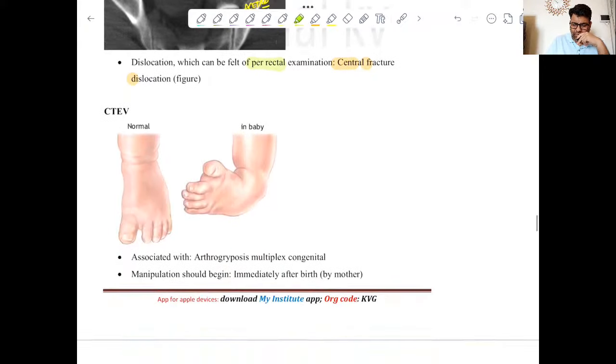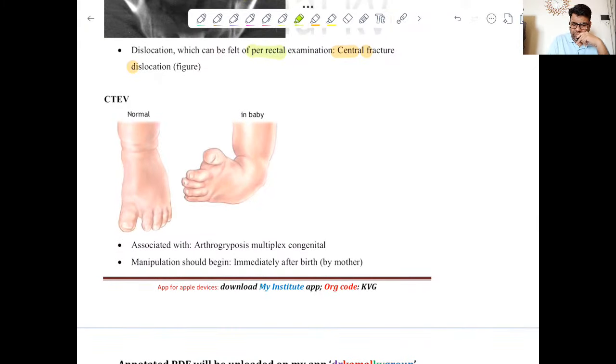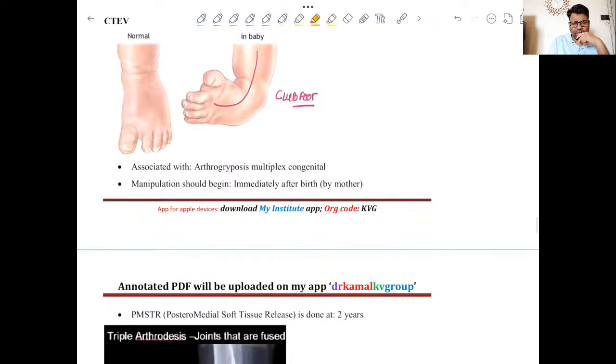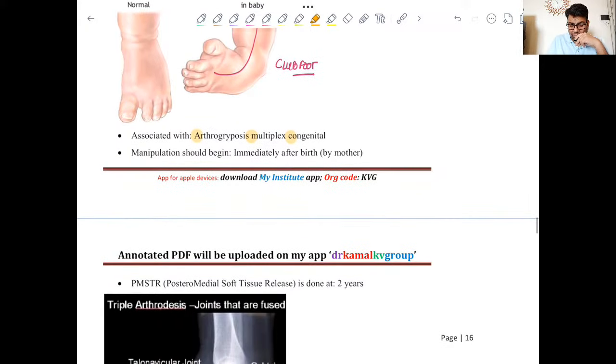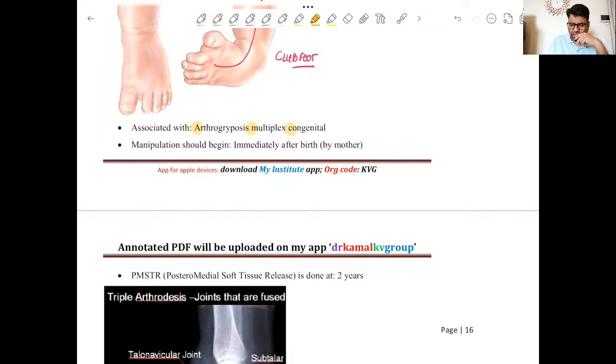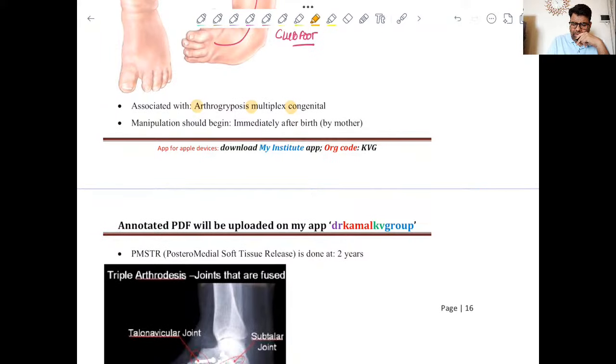Then coming to CTEV, that is congenital talipes equinovarus, which is also known as club foot because the foot looks like a golf stick. Now it may be idiopathic or it may be secondary. The secondary may be associated with AMC, which is a very severe condition, arthrogryposis multiplex congenita. Now the main thing is treatment.